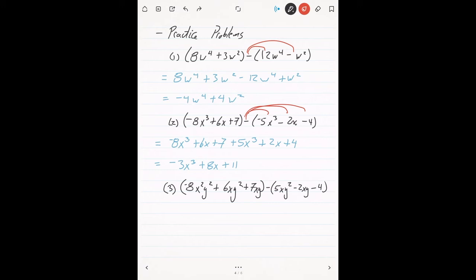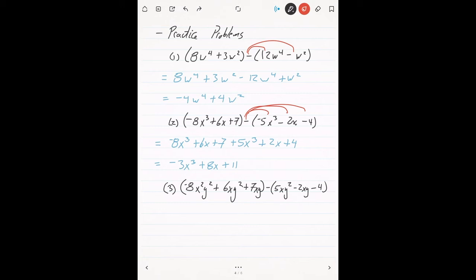And then for 3w squared and 1w squared, that made 4w squared. You are allowed to have polynomials with different variables. It doesn't really matter. That's totally allowed. x was just, in our definition, to represent a variable. You could have y, you could have w, that's fine.